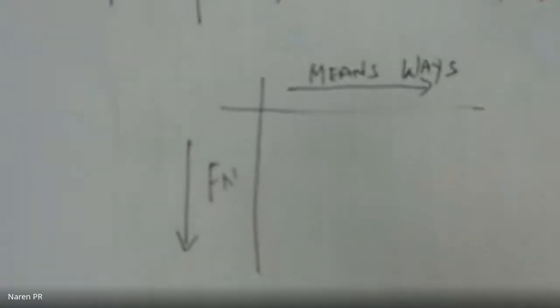So all your rows should be functions, that means the actions that you do on the product or the product does, and the means are on the columns. Let's say, for example, I'll take the same example which I have given in the WhatsApp.